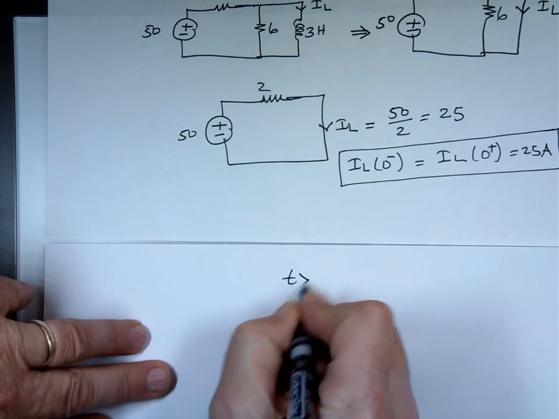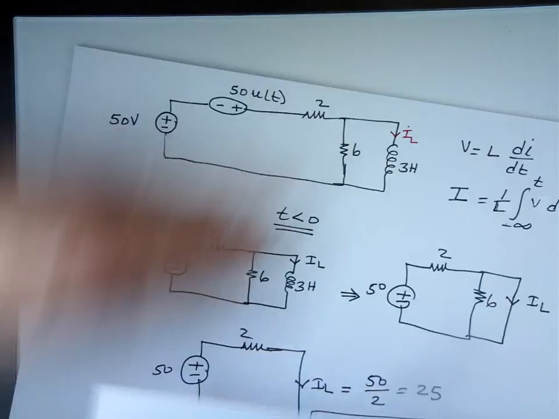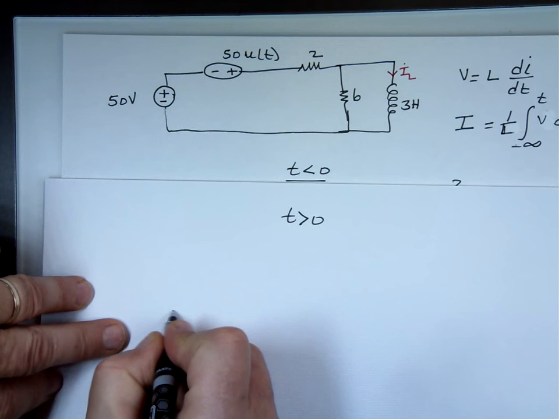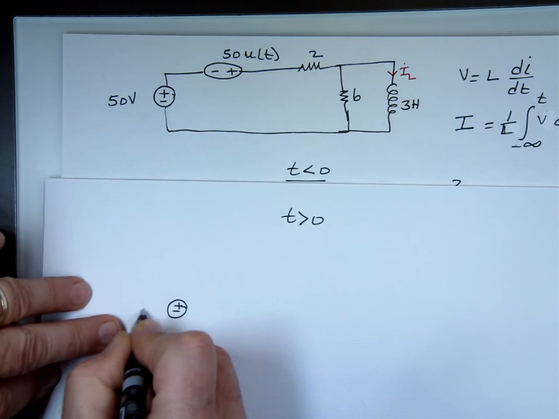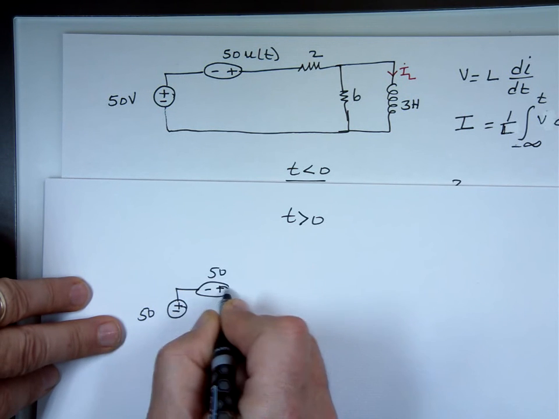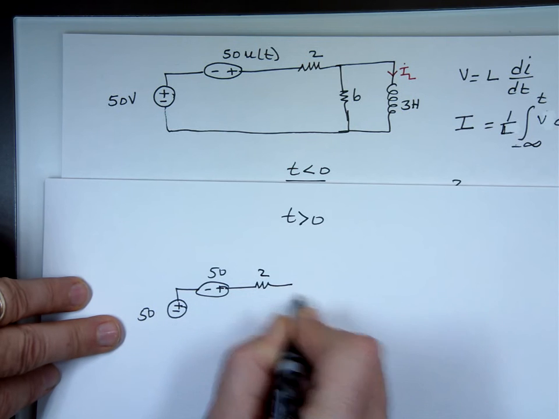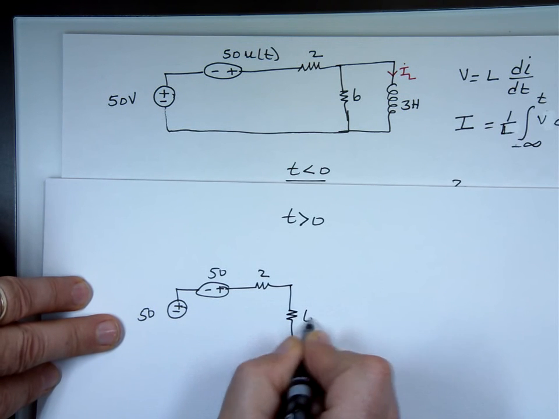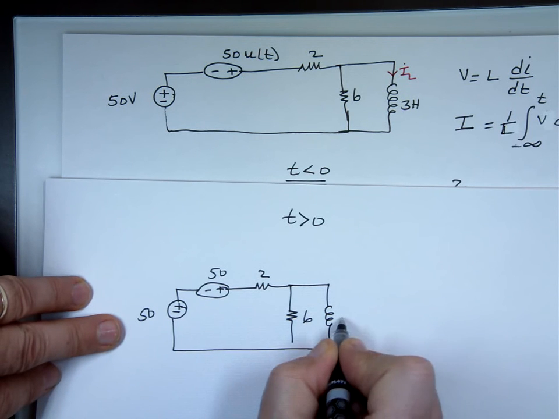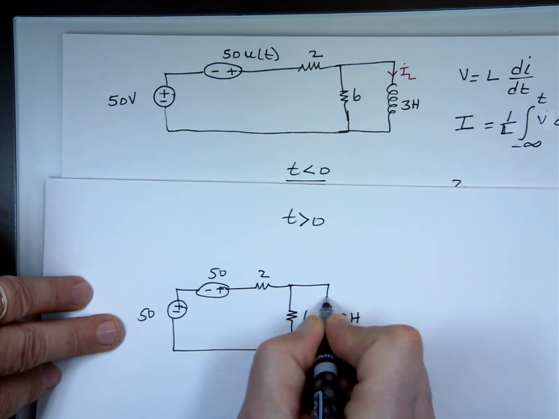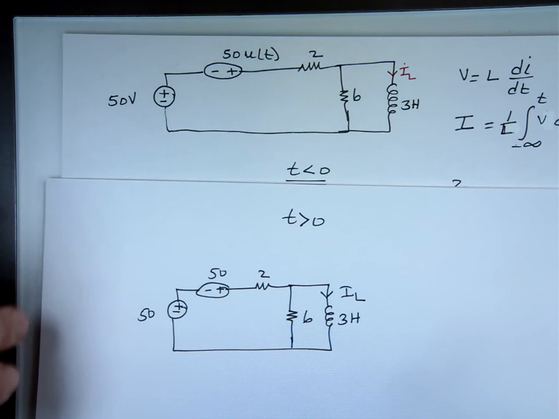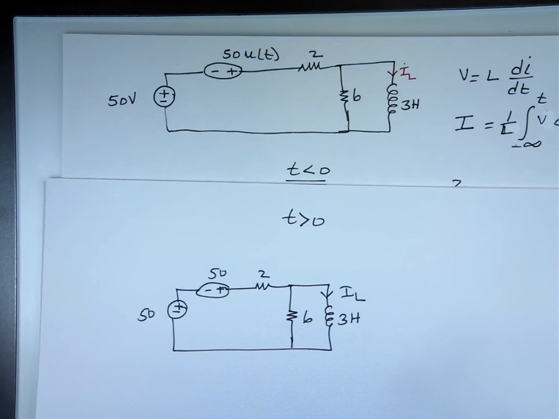Now that source on the top, you can't ignore it. You can have a 50 and a 50 here. So now we have 2 sources here.